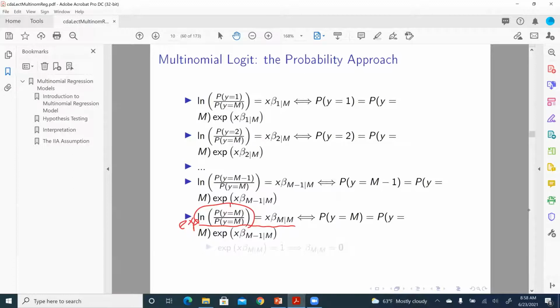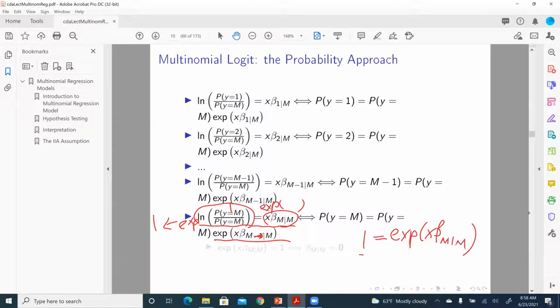On the right-hand side, what's left is this term, the exponential of x beta capital M over capital M. Because the log of 1 is 0 and the exponential of 0 is 1, the left-hand side is 1, and the right-hand side is the natural exponential of x beta, capital M over capital M.